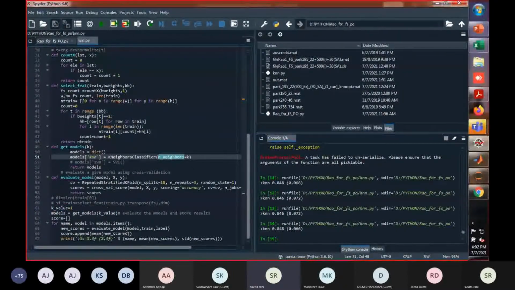After that, when the model is prepared, the training data and the label data are fed to the evaluation function, and the data is divided into 10 splits, 10-fold cross validation. Then after that, the cross validation score is evaluated. So let's see what the value is if we pass k equal to 1.